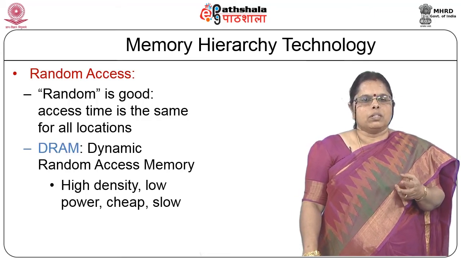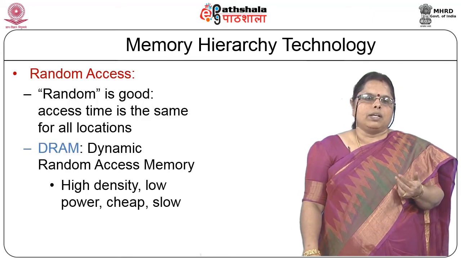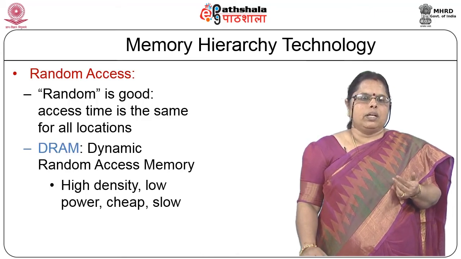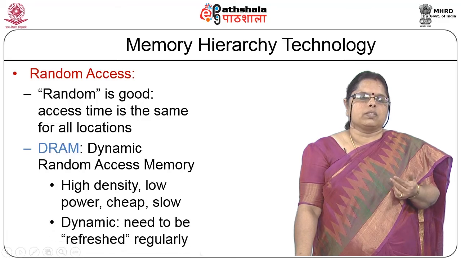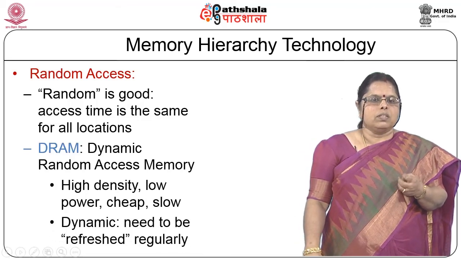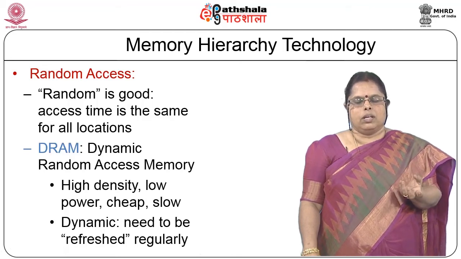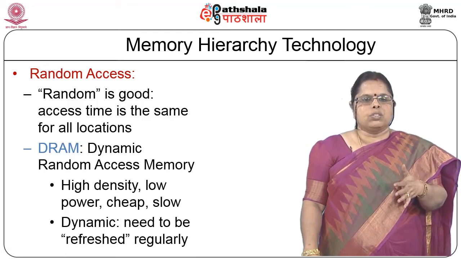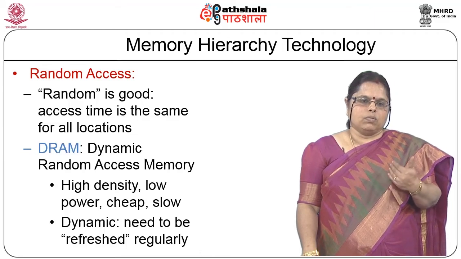Now, random access memories come in two different categories. One is dynamic random access memory, the other one is static random access memory. In the case of dynamic random access memory, it is called dynamic because it has to be refreshed regularly. The content that it stores gets destroyed, the charge dissipates.